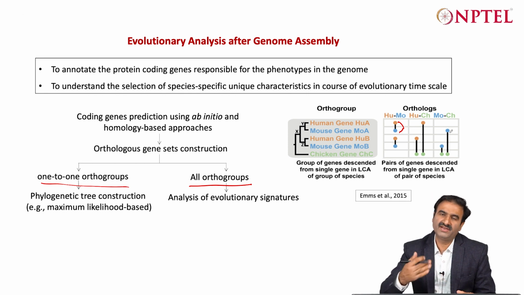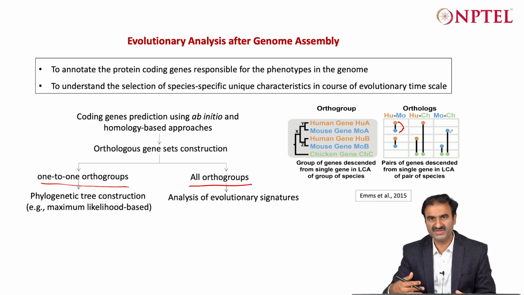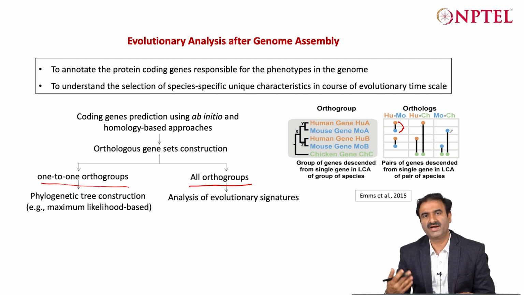But as I go further and further and include more and more species from far groups in terms of the phylogenetic tree, at the order level or family level or genus level, that is why we have to include only those genes which are commonly present across all the species that you are considering for the evolution analysis.